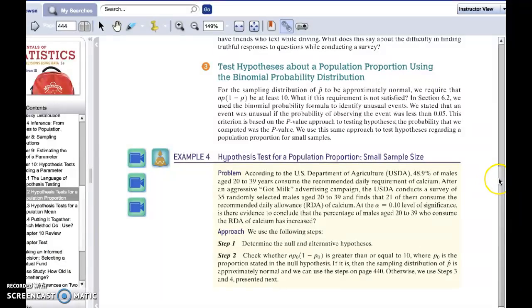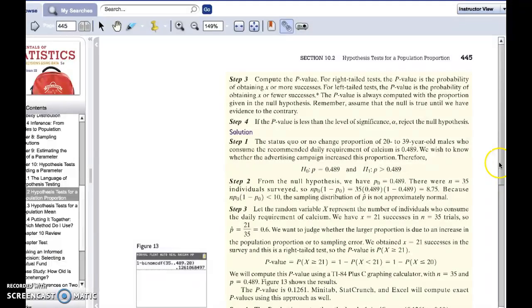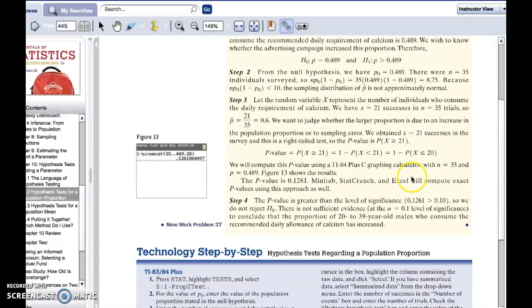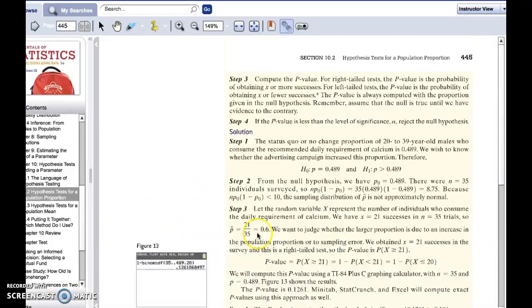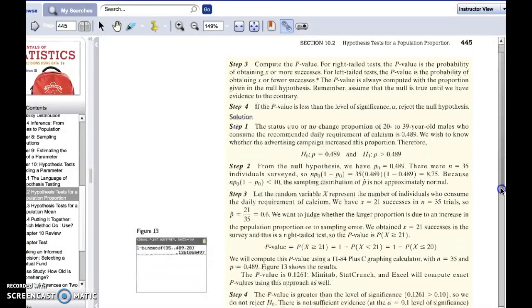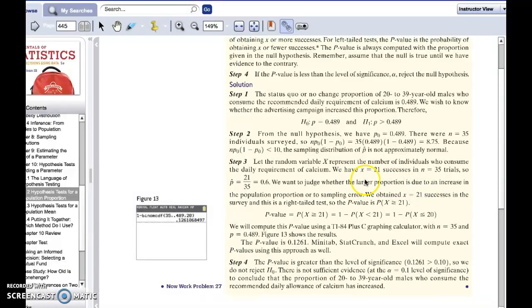So what I would like for you to do in this case is read through this example 4, and your book goes through how to do it by hand and also discusses how to do the p-value in StatCrunch, which is the preferred method. As you're reading through step 3, they ordered the steps a little differently in this example, but when you're reading through step 3, here is where you would want to go to StatCrunch and not necessarily the by hand.